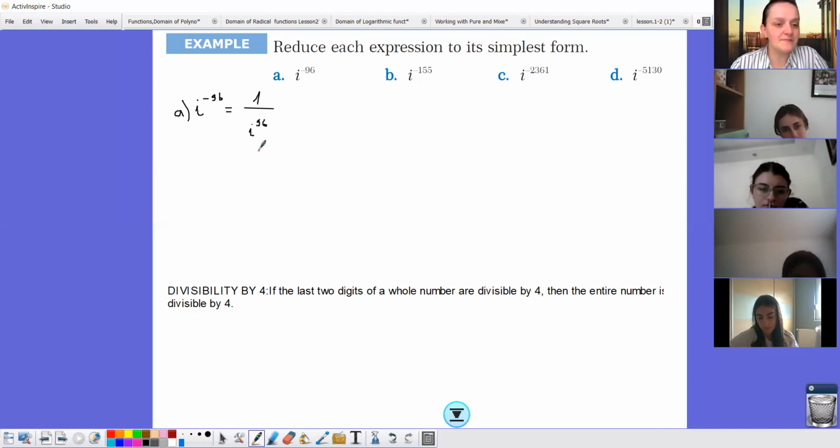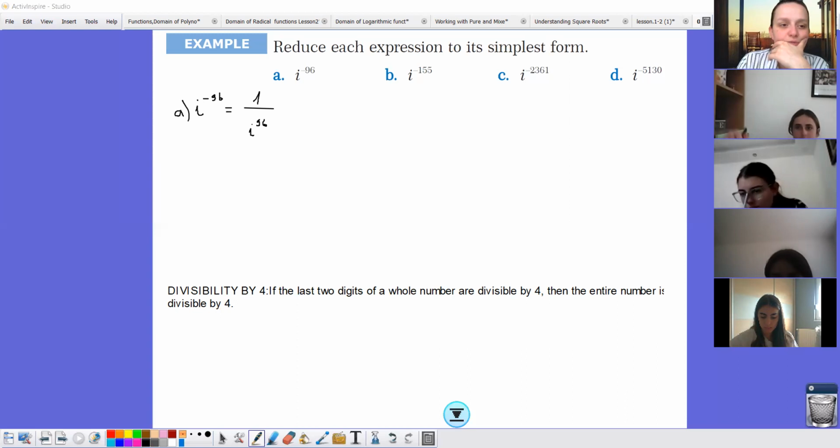Do you remember this? Not really. When you have a to the power of -n, I mean, when you have a negative power, we are writing it as 1 over a to the power of n. Always like that. And now here also we'll use that one.